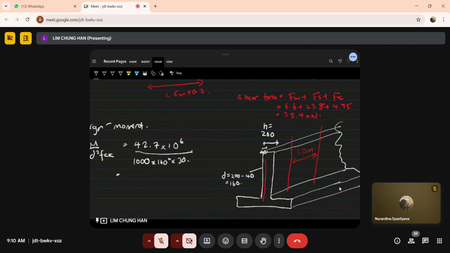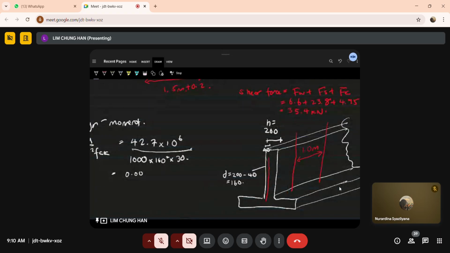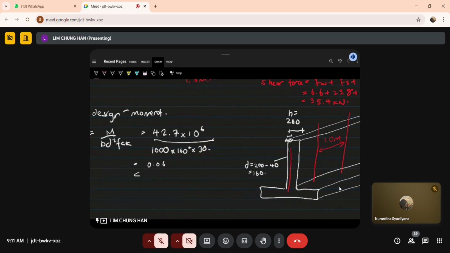That gives 0.06, which is less than 0.167. Therefore, no compression reinforcement required.